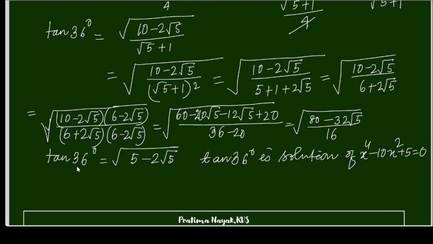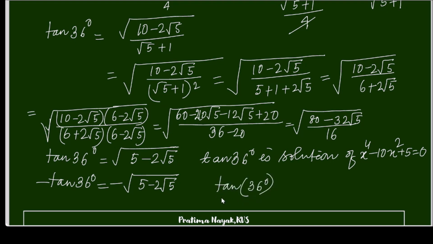If the question is in terms of tan, you can write this as tan of minus 36 degrees, because the other root was minus 5 minus 2 root 5. As tan of minus 36 degrees is minus tan 36 degrees, it will be minus 5 minus 2 root 5.